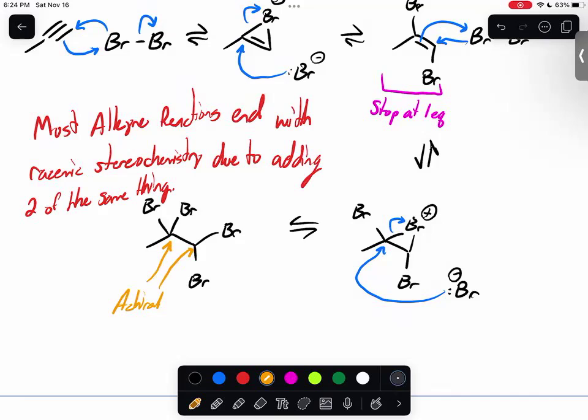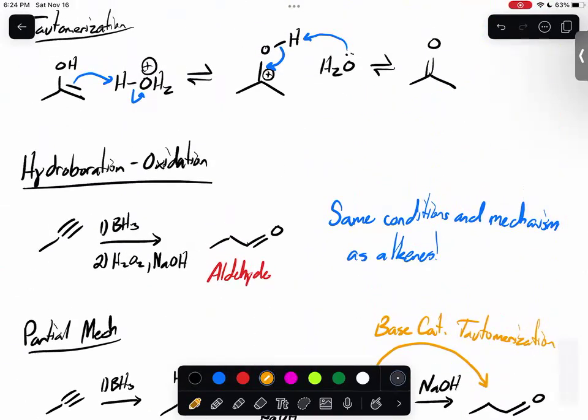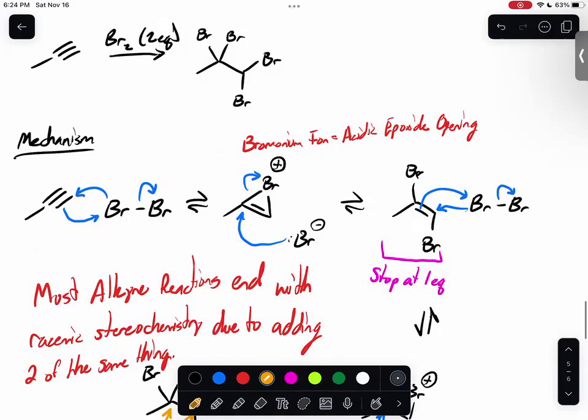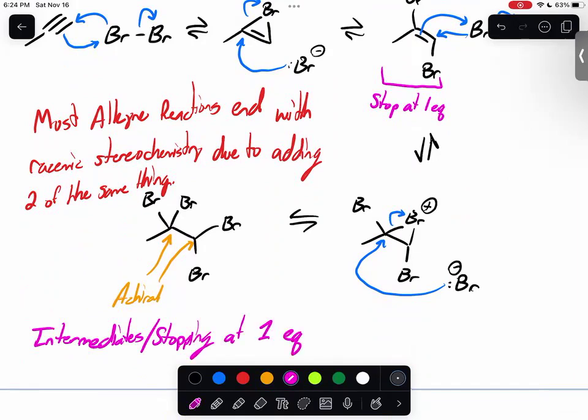Same thing as we look up here with these tautomerizations, the C double bond O cannot be anything other than achiral. Now, that being said, the one difference is that intermediates, slash stopping at one equivalent, can have stereochemistry. That being said, it's often similar to what we see in alkene reactions.